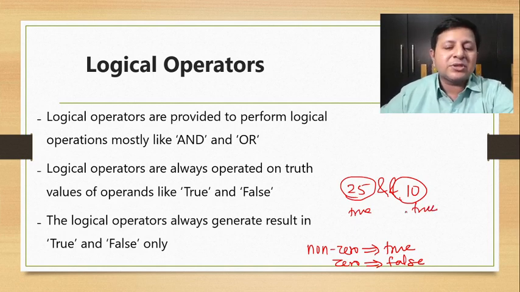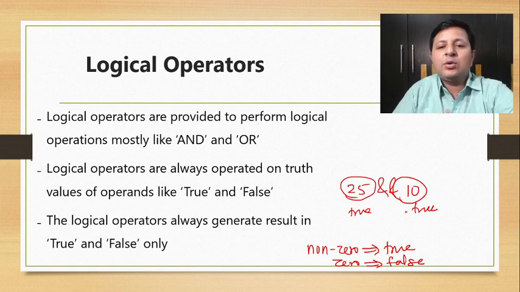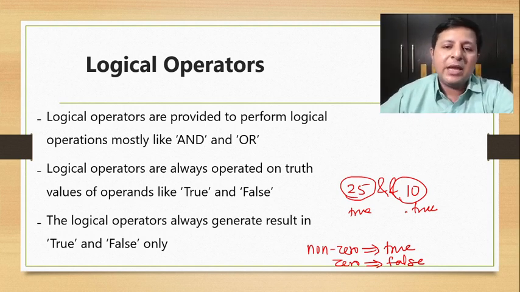Whether they are Boolean expressions or not doesn't matter. Finally what it takes is a truth value. If it is Boolean, you will obviously get true and false, but if it is an integer, with this logic, anything other than 0 is considered as true, and 0 is considered as false, that particular mechanism will be applied.